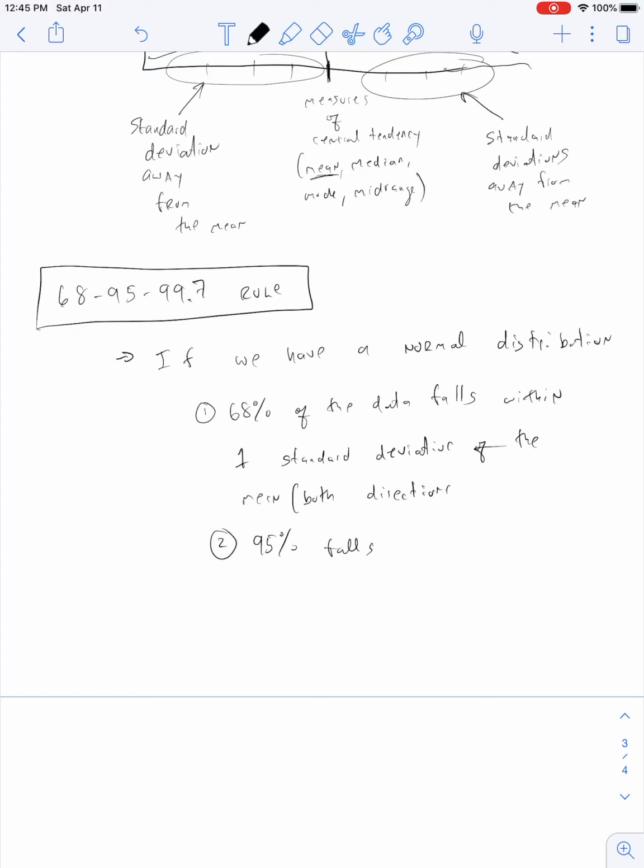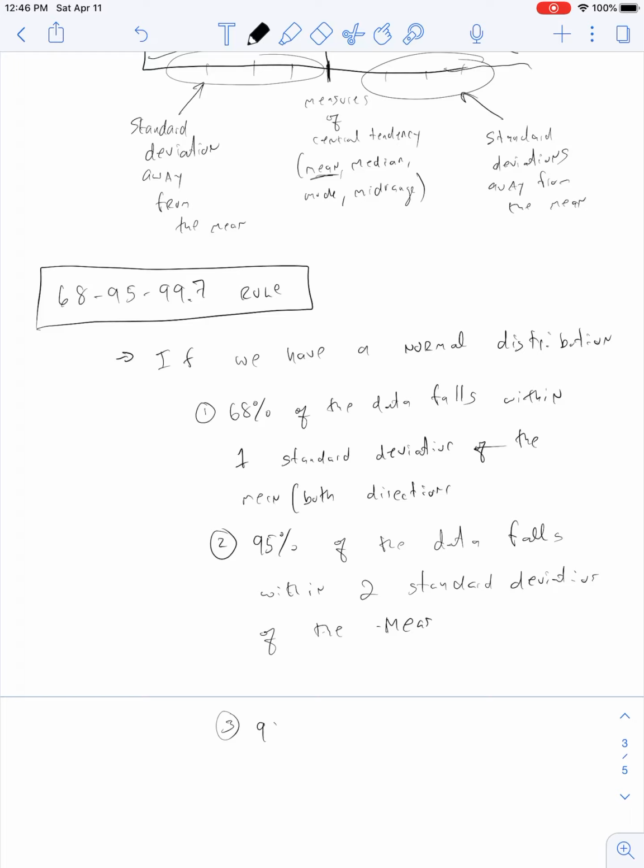Number two, 95% of the data falls within two standard deviations of the mean.